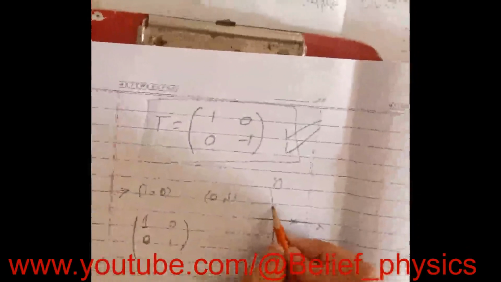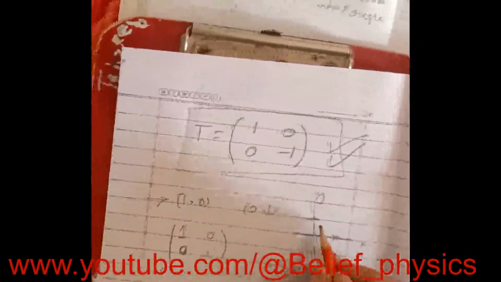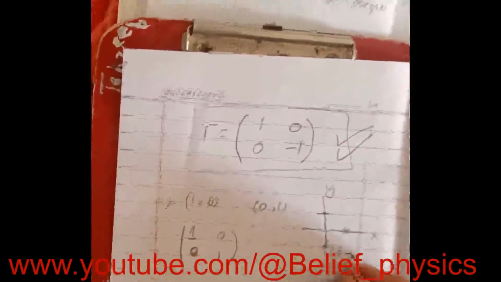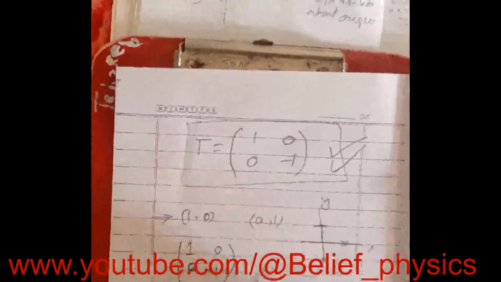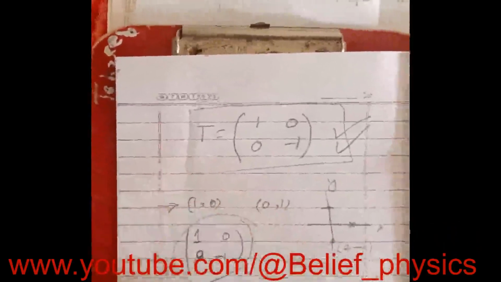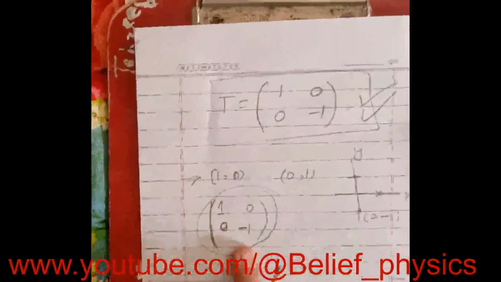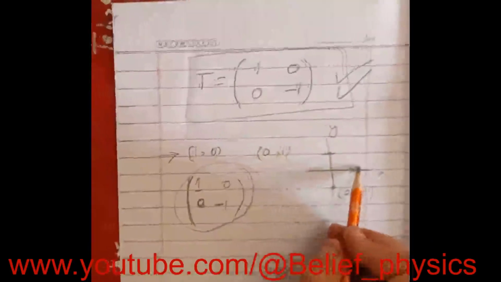The point 0, 1, if reflected in the x-axis, will have its image here, which is 0, -1. So this will be the transformation matrix that represents reflection in the x-axis. We take the two points 1, 0 and 0, 1 and take their images.